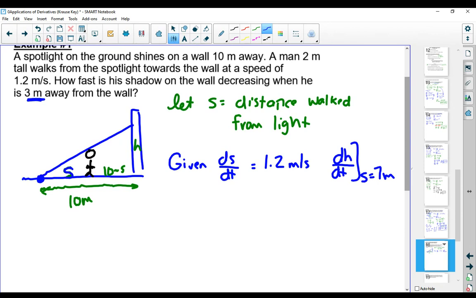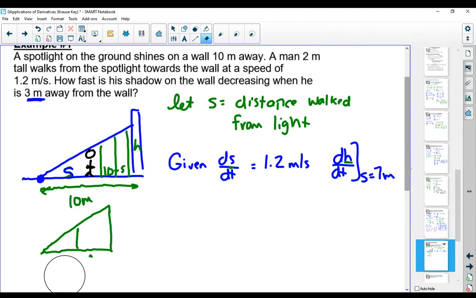So we need to put our question in terms of H and S because those are our numerators in this case. So we're going to look at similar triangles because as this guy is approaching that wall, his shadow is going to get bigger and bigger and bigger. So looking at a triangle here, we know that this was S, and we know that the entire length was 10, so this was 10 minus S. Let me redraw that there.